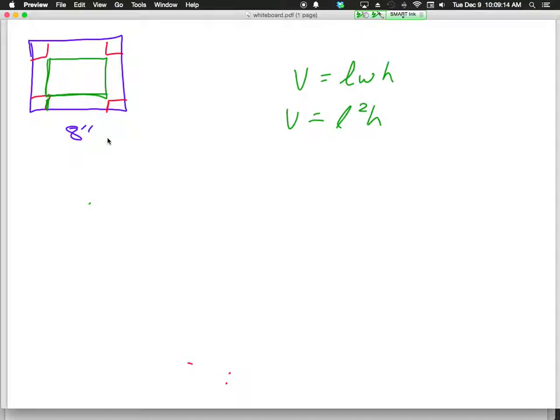I need to set a relation between two. I need something else that will allow me to substitute from one to the other. So let's go back to this figure. What information do I know from this figure to be able to set up another equation that's going to let me isolate one of my variables? The dimensions of them.